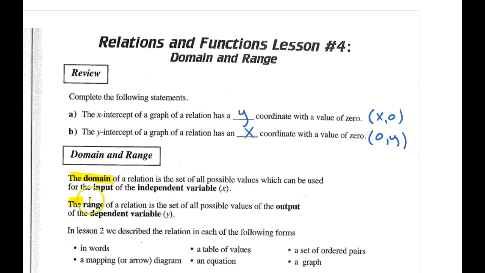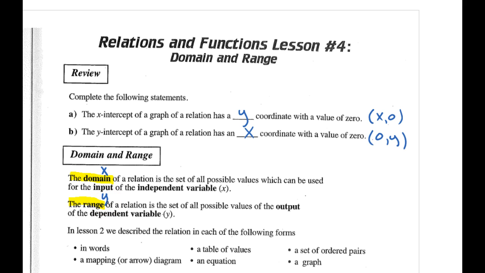And the range of a relation is a set of all possible values of the output of the dependent variable y. So what I want you to start associating is that the domain has all to do with x, and the range has to do with y.